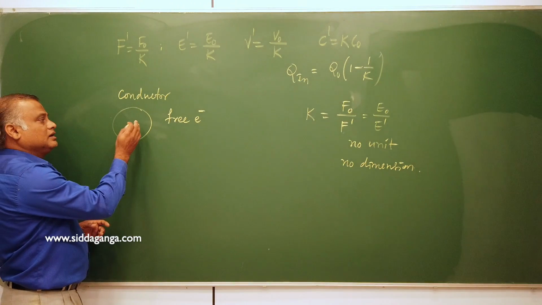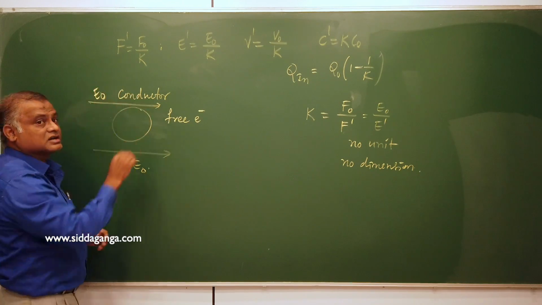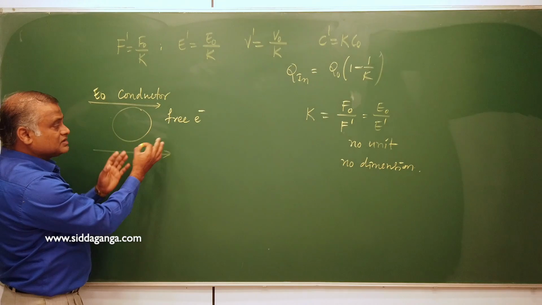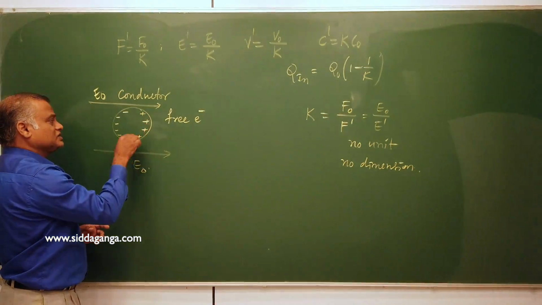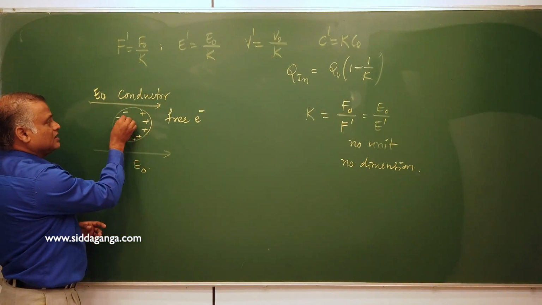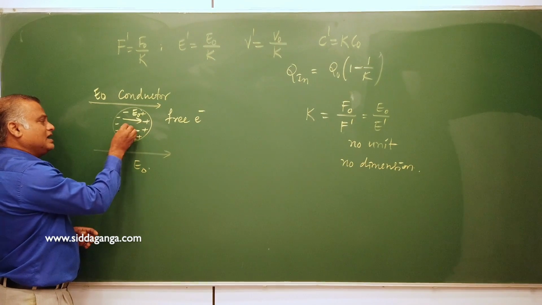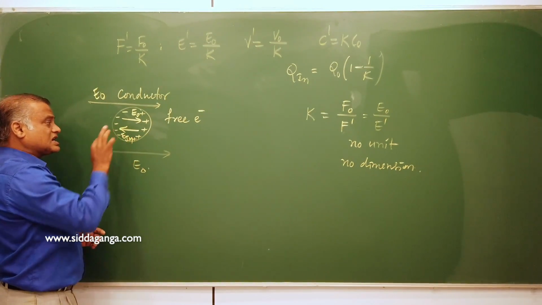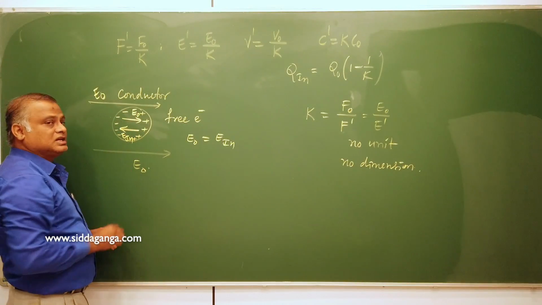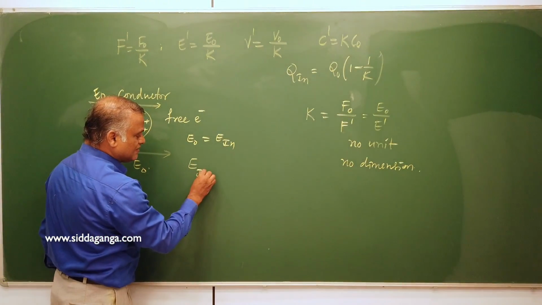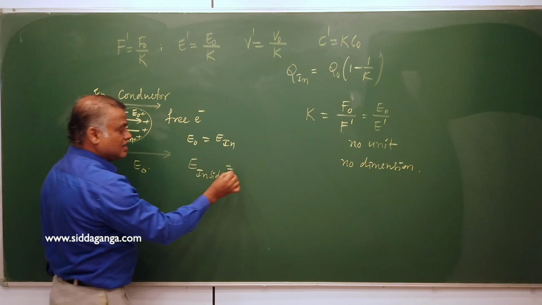So when you apply some external field, we have studied this, the free electrons inside the conductor align on one side and positive charges on the other side, such that the applied electric field E naught and the induced electric field E in become equal and opposite, and cancel. Therefore, the electric field inside the conductor when placed in an external field is zero.